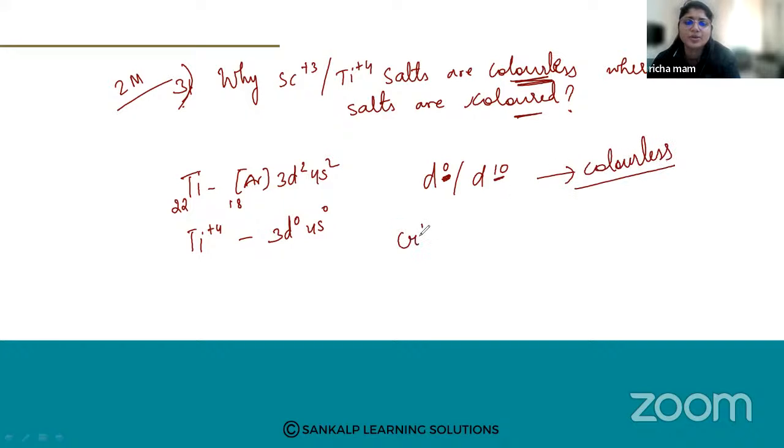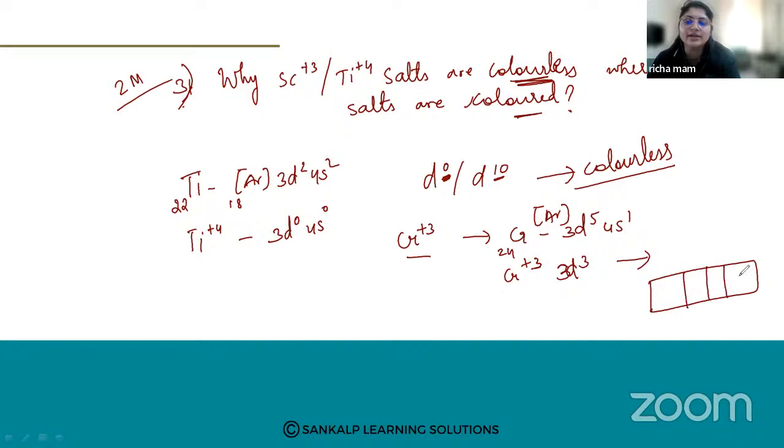However, chromium is 24, so it will be argon 3d5 and 4s1. Chromium plus 3 means it will be 3d3. So you can see that there are 3 unpaired electrons. Because of the presence of unpaired electrons, the complexes are colored.